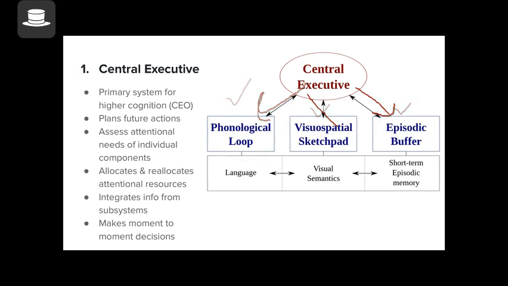It keeps track of attentional needs of individual components and keeps allocating and reallocating. But also keep in mind that even the boss, the CEO, can run out of fuel, because attention in general is limited.